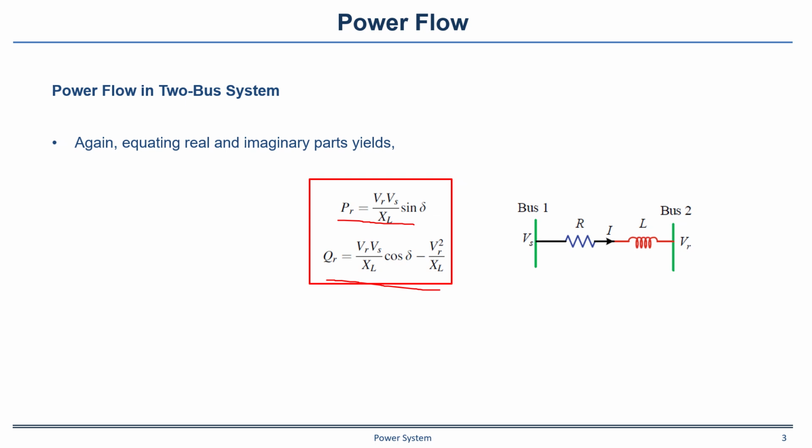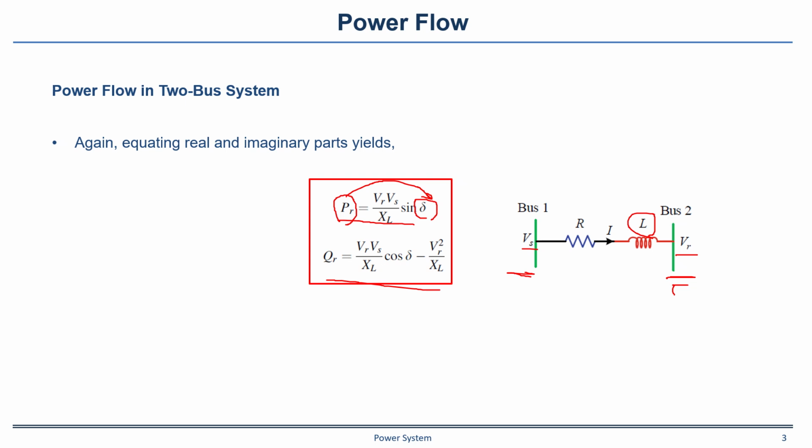In the first equation, we say that at the receiving end, the value of the active power is a multiplication of this voltage by this voltage divided by the reactance, and sine delta. Delta is the difference between the angle of this one and this one. So here we can see this active power is correlated with the delta.